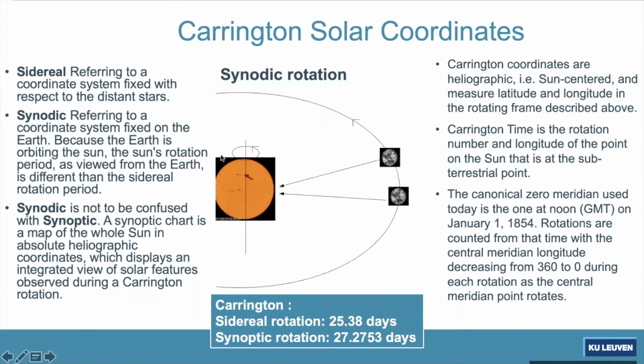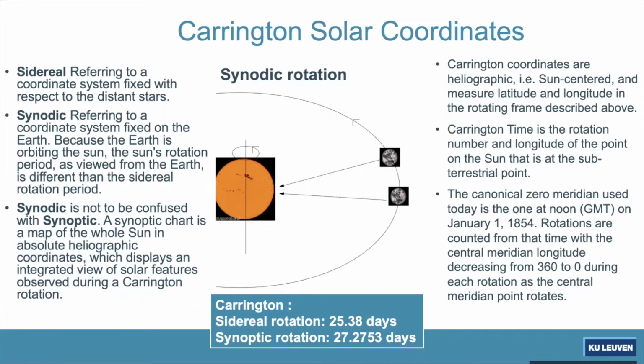And all this goes back to Carrington. Carrington introduced the synodic coordinates. And when you look at the sun, since we are on the Earth, which is a very important point of view, he introduced a coordinate system that is with respect to the vision from the Earth. And it's called Carrington rotation.